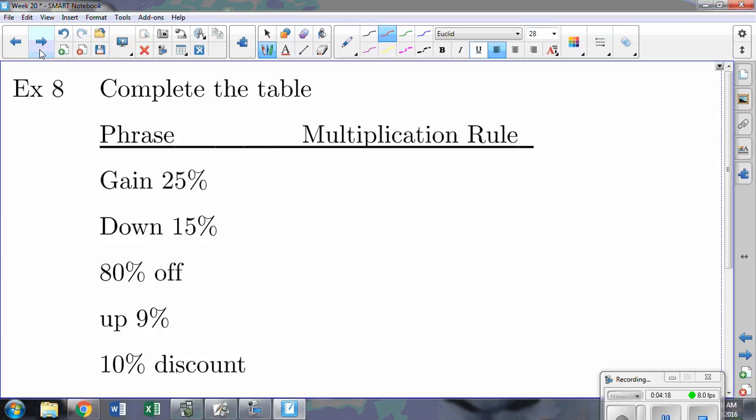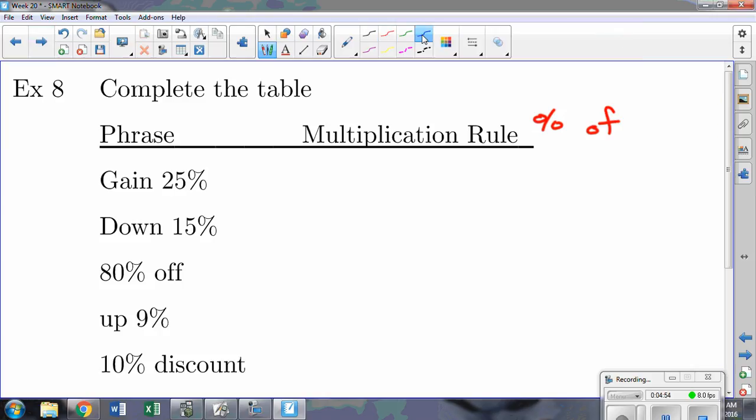And let's complete this table. In order to complete the table, we're looking at what you would multiply by. When you work with a multiplication rule, it's typically based off of percent of. So if we were to gain 25%, how would you write out gaining 25% under multiplication?